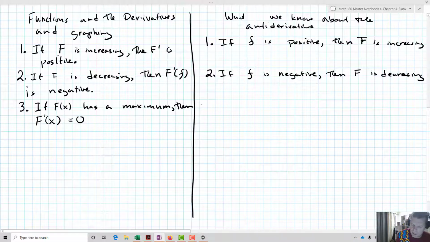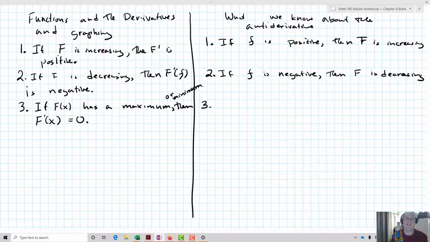Conversely, we have to be careful about this one, because remember, we can have a critical number that in fact is not either a max or a min. But we do know that if F of x is a max or a minimum, then F prime of x is going to end up equaling 0. So we'll utilize this to our advantage.